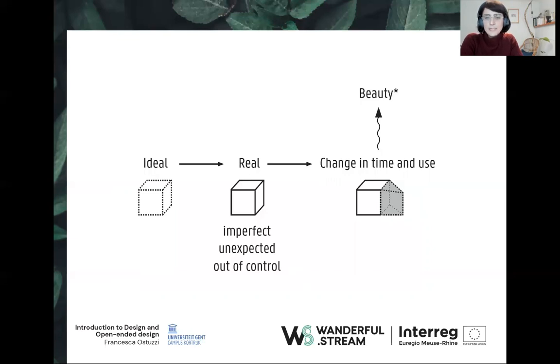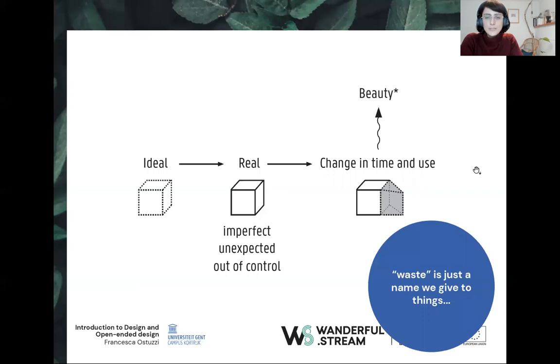And of course, beauty in this context is not only aesthetic beauty, it's really the idea of being healthy, of being used. So it's a broader sense of beauty: something that, because it changes in time and use, becomes better. So think of the mocha example.